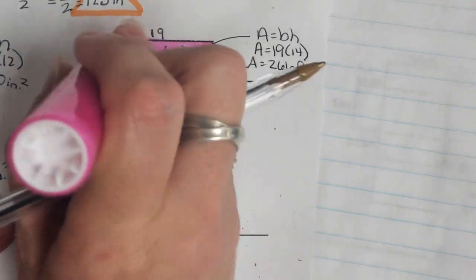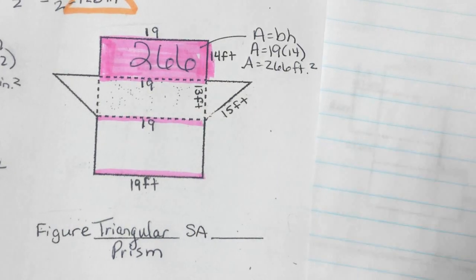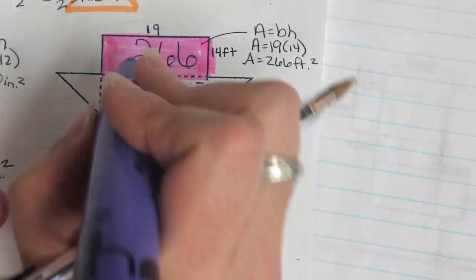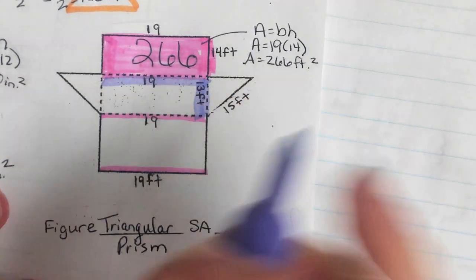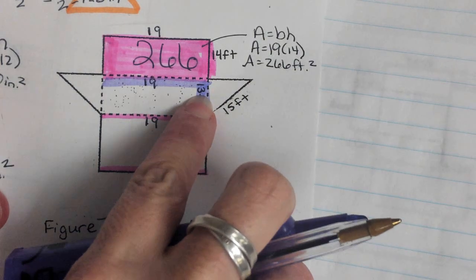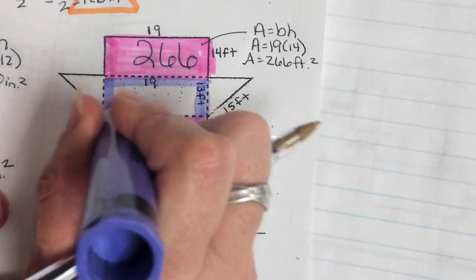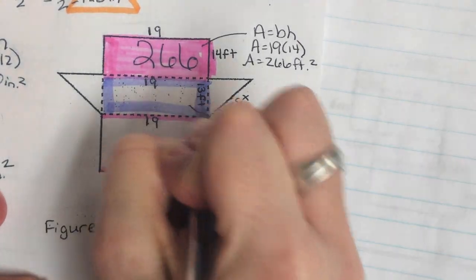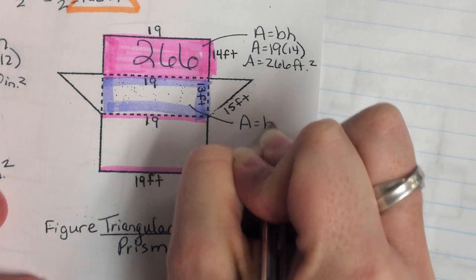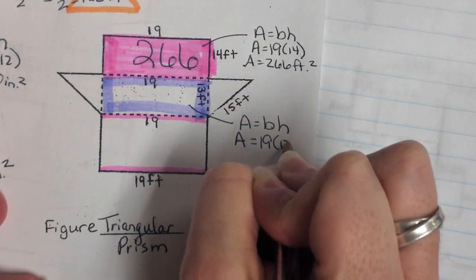Okay, the next one, we kind of have to slow down and look at it. Look at this wall and this wall. This one is 19, but what is this one? 13. So this middle rectangle is a 19 by 13. Base times height.